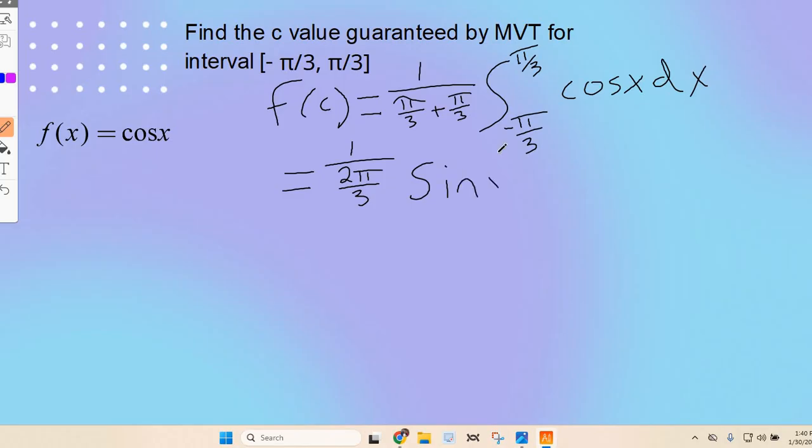So I have sine of x evaluated from negative pi over 3 to pi over 3. Are we all okay with that? This is also equal to 3 over 2 pi, just to write it a little bit nicely. And then what are we going to plug in first? Pi over 3. We plug in our b value first.